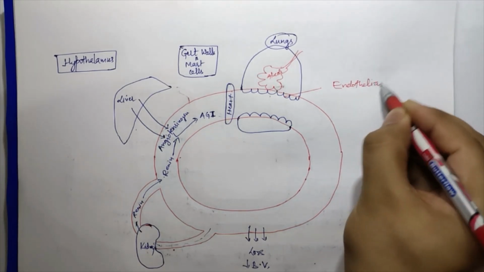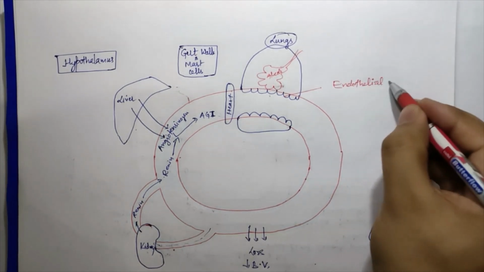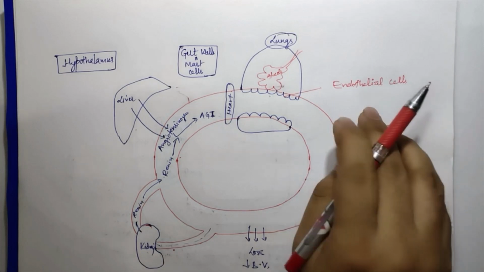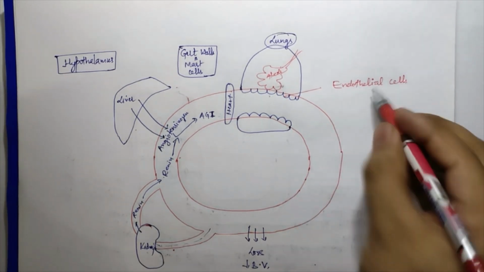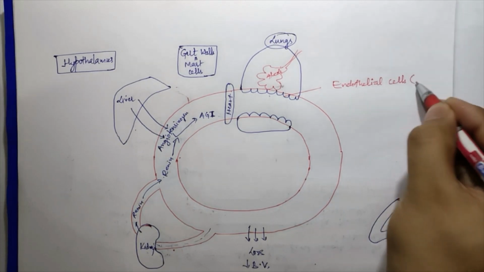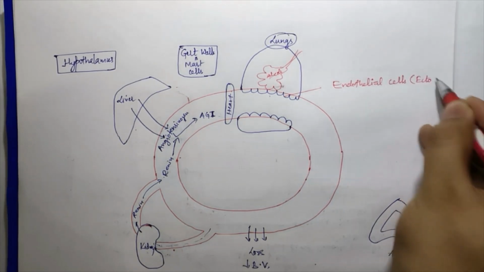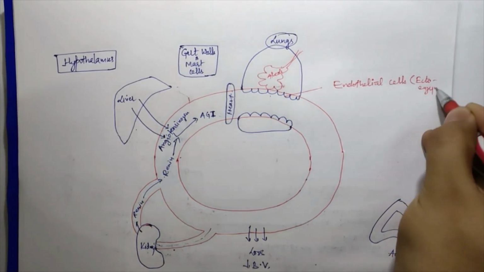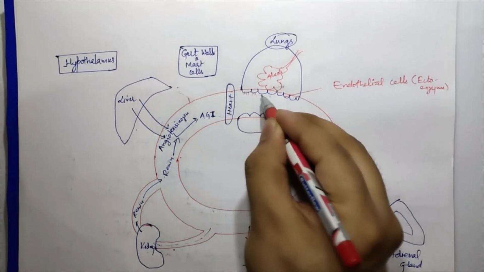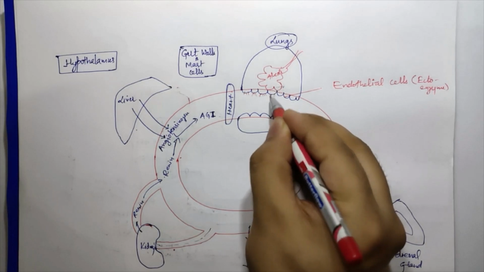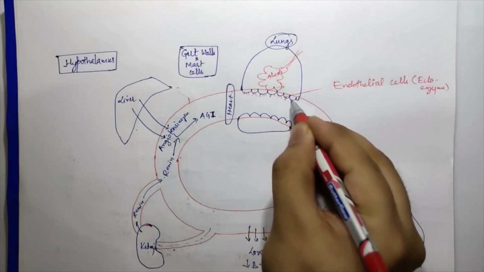Actually, enzymes are basically restricted to the cytoplasmic side of the cell, but here these endothelial cells have an ectoenzyme, meaning it is expressed on the luminal side of these endothelial cells.